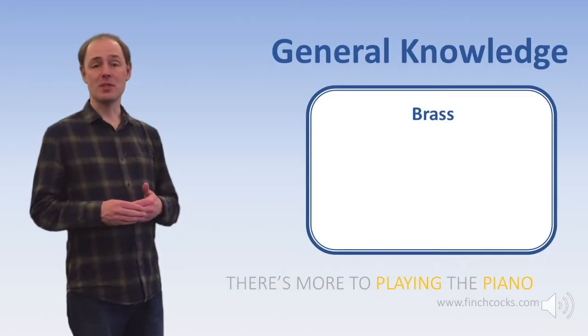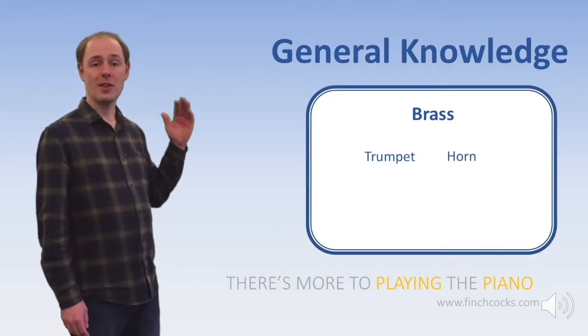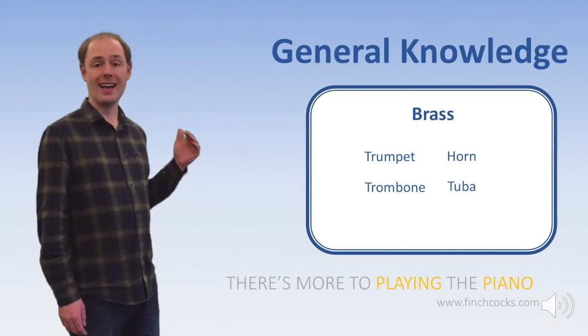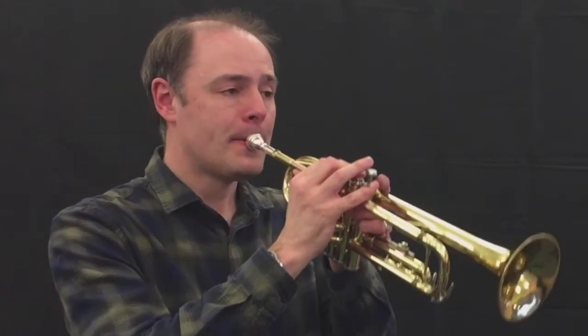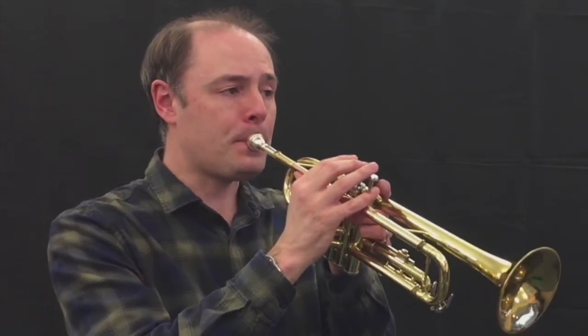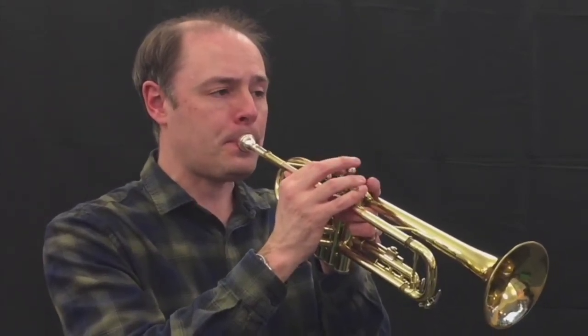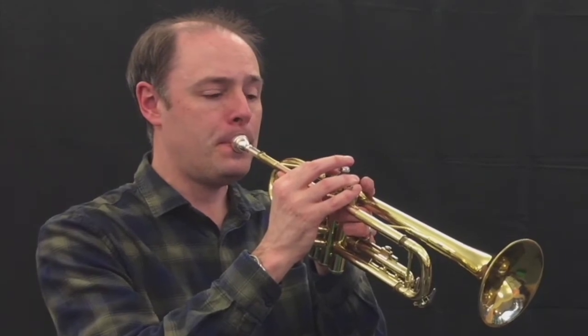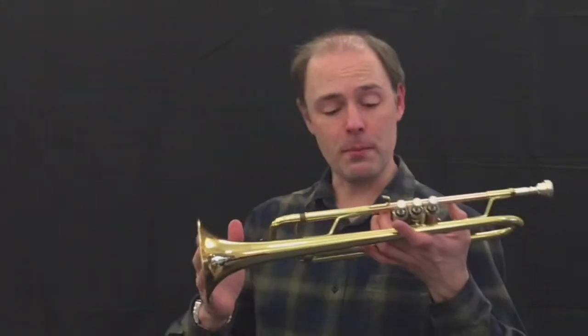The brass instruments of the orchestra are the trumpet, the horn, the trombone and the tuba. This is the trumpet.